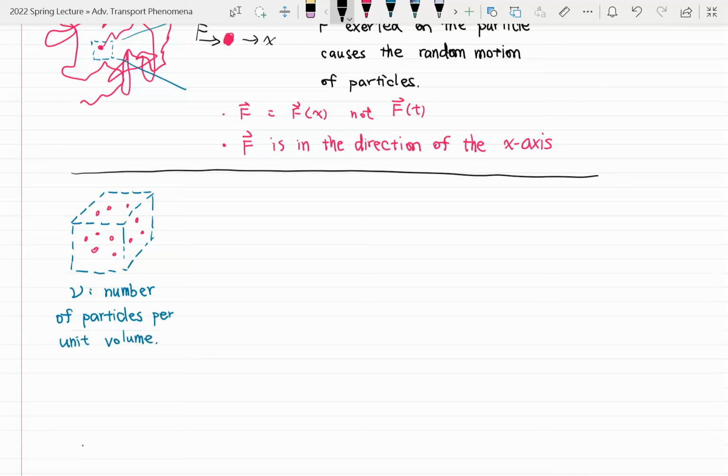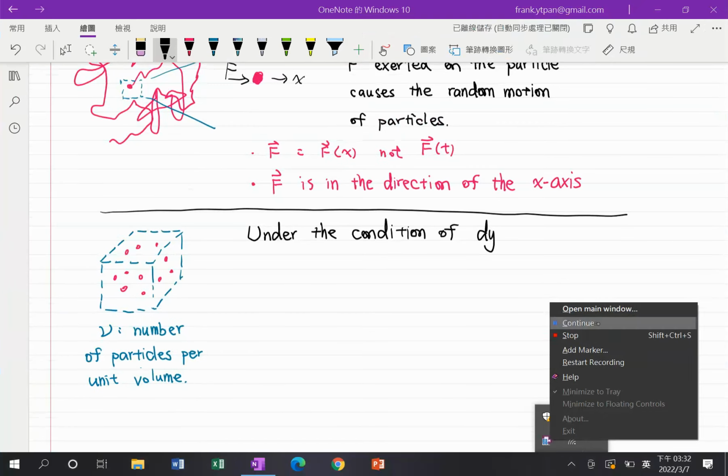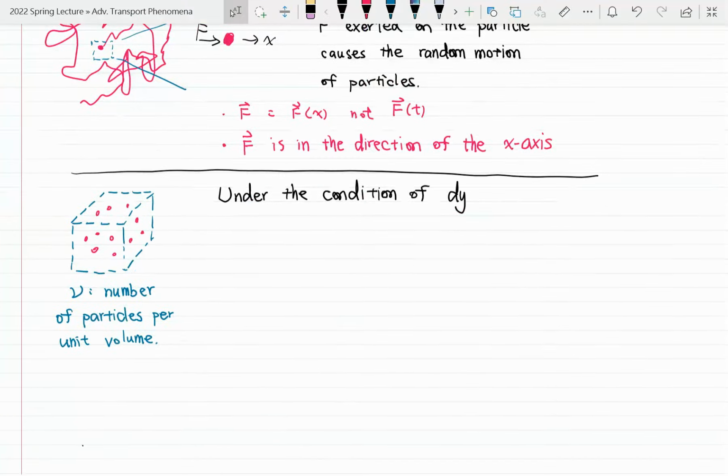Okay, and under the condition of dynamic equilibrium, as I mentioned, if we look at all the particles, the net motion and net displacement should be 0.